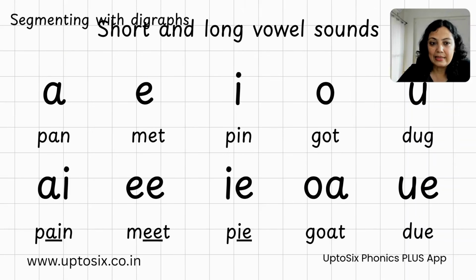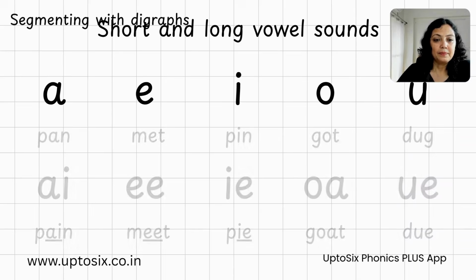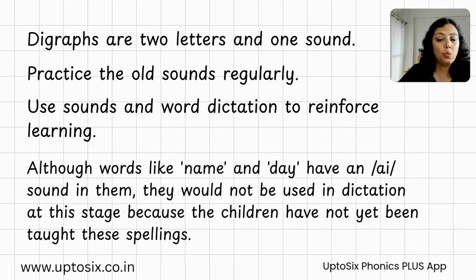Now we can tell children a, e, o, a: these are short vowel sounds. We have learned this earlier also, right? And a, e, i, o, and u are long vowel sounds. Although words like name, date, day, all have the long a sound in them, those a sounds are written differently.